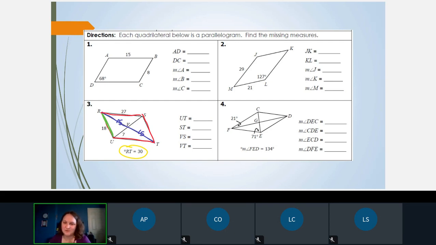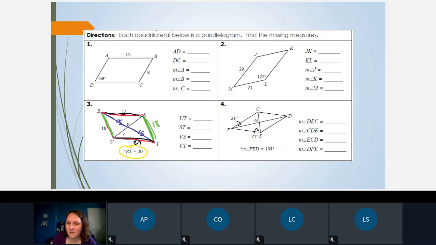What other side would be equal to RU? Yes, if you said ST, you are correct. Opposite sides are congruent. So RU would have to equal ST, so ST is 18. With that same idea, RS is 27, which means UT would also be 27.